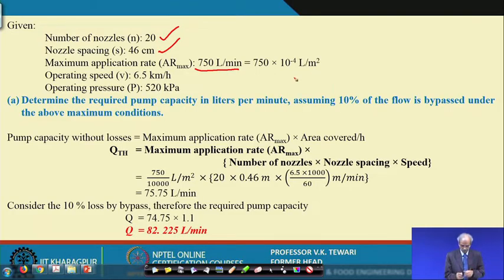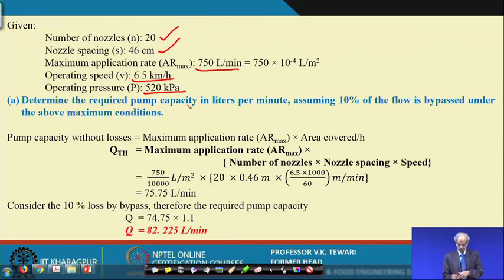Then the operating speed is 6.5 kilometer per hour, and the operating pressure, which is also given, is 520 kilopascal. Now, determine the required pump capacity in liters per minute.